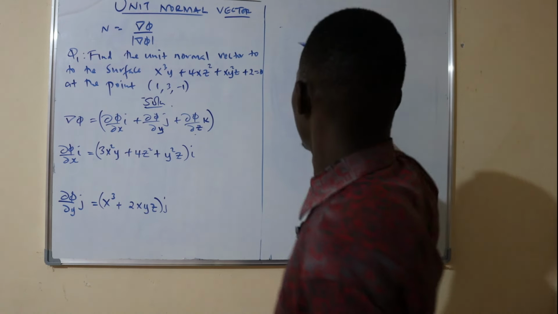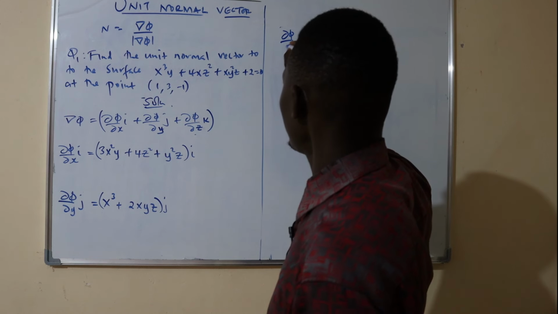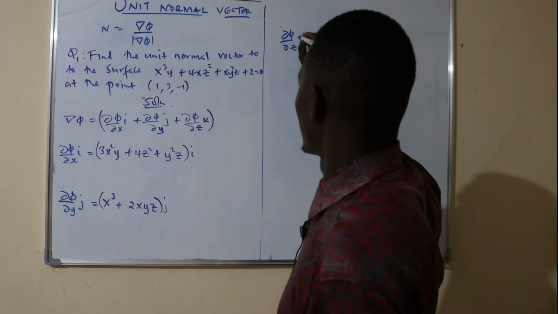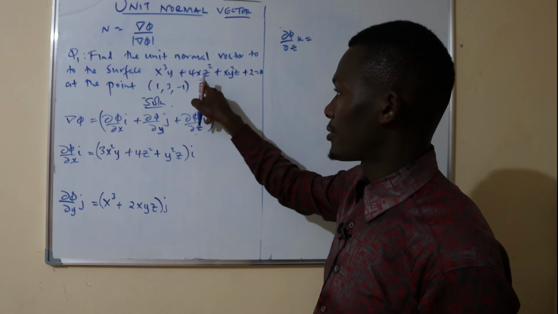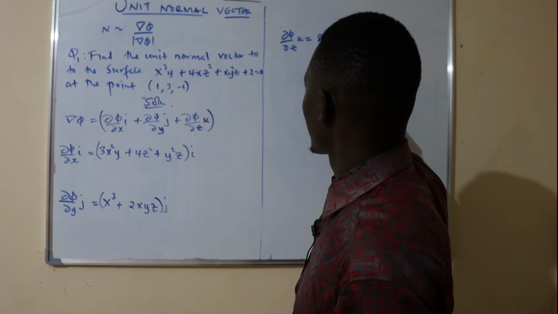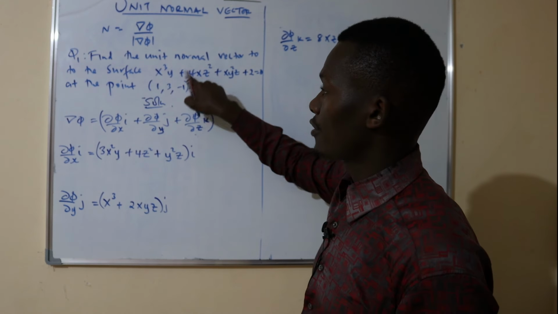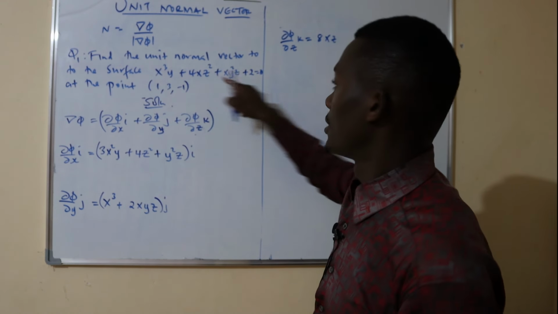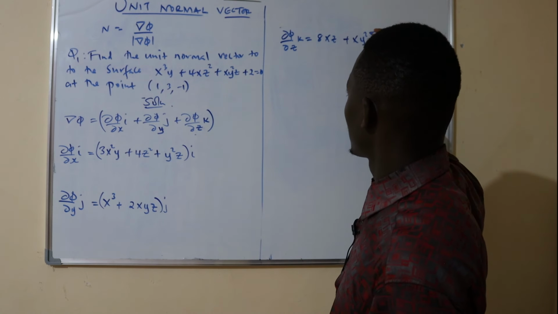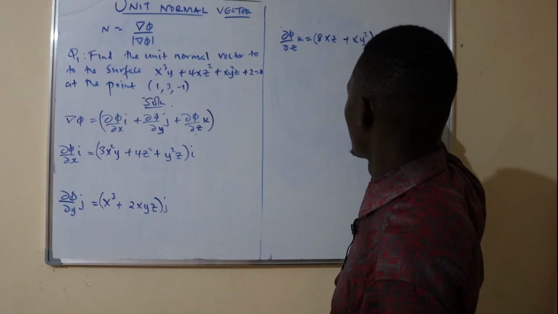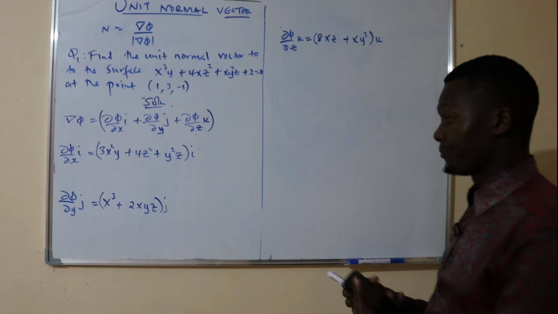Then we go to the last one, which is d phi dz, then k. Differentiating the function with respect to z, there's no z here, but we have a z squared here, so this one gives us 8xz, because remember we have dropped the 2. Then we have a z here also. The z goes, you remain with xy squared, then you have k.